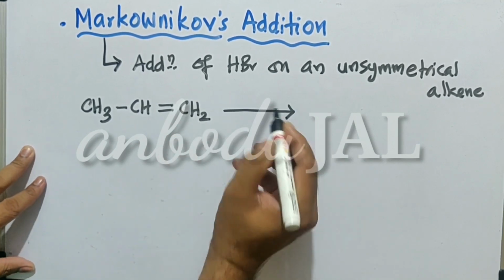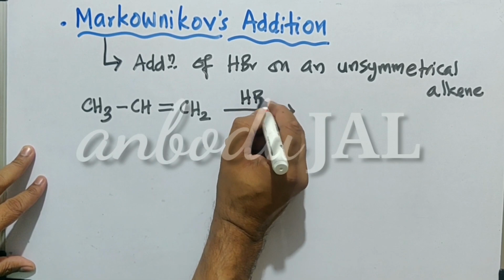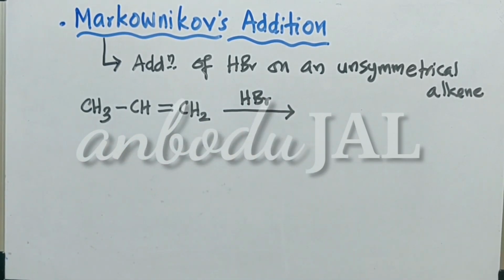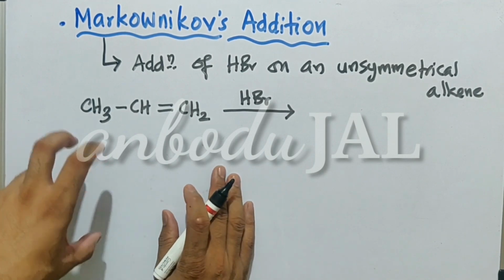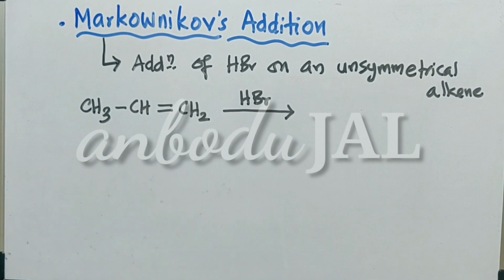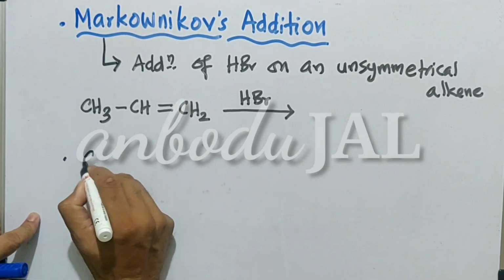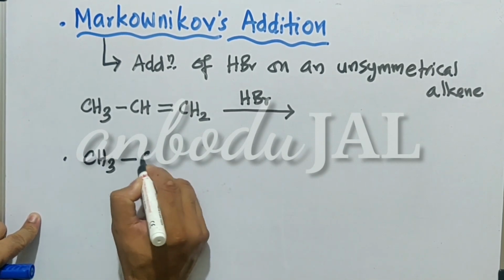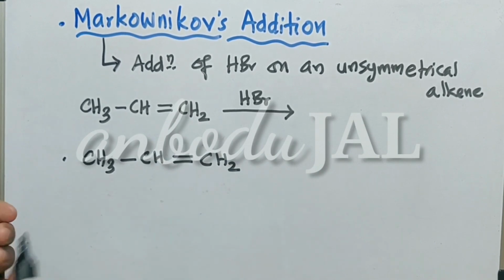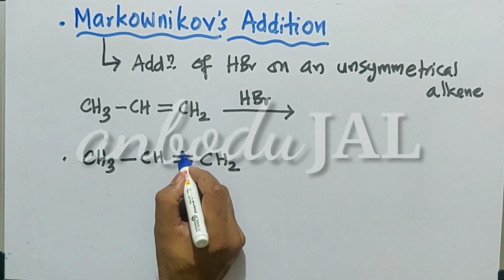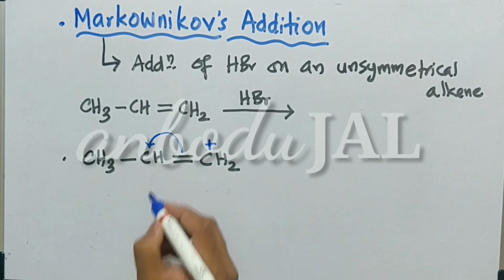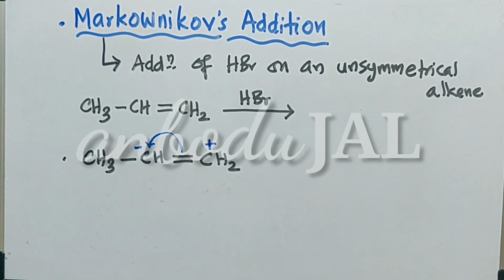Then what happens when propene is treated with HBr? We have to explain the mechanism of this one. Two types of shifting are possible in this case. See case 1: CH3 single bond CH double bond CH2. If the electron pair is shifted towards this carbon, then this carbon gets a positive charge and this carbon gets a negative charge.